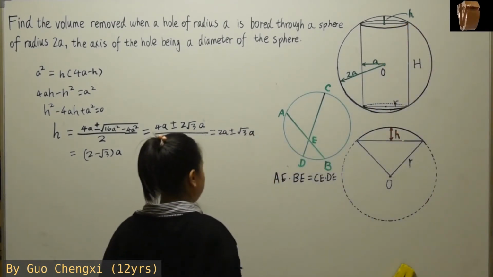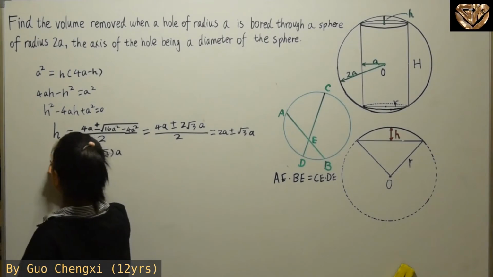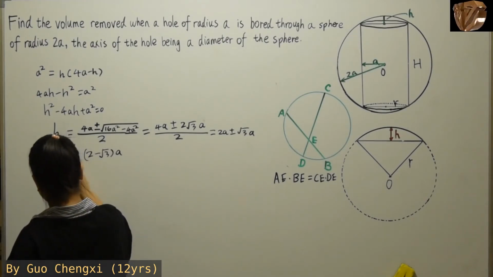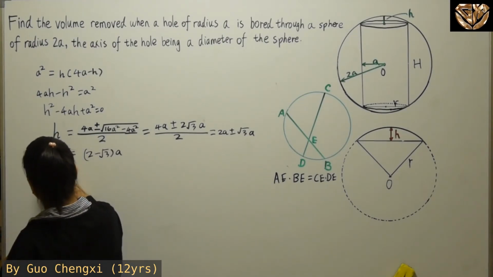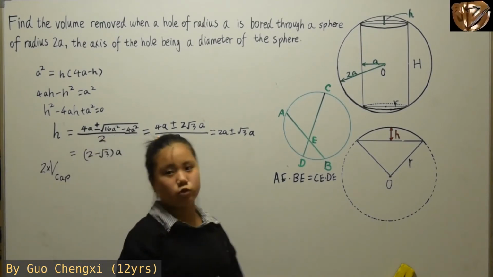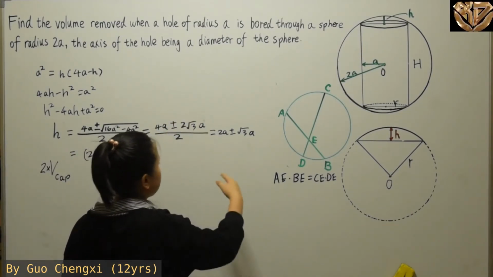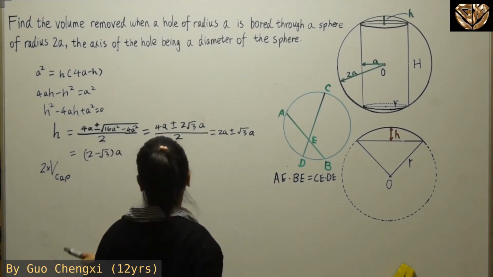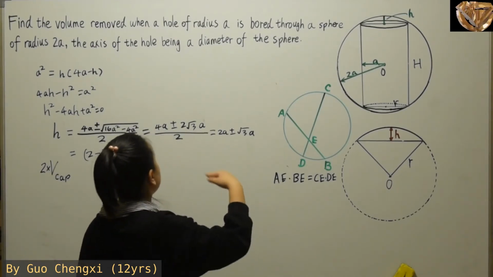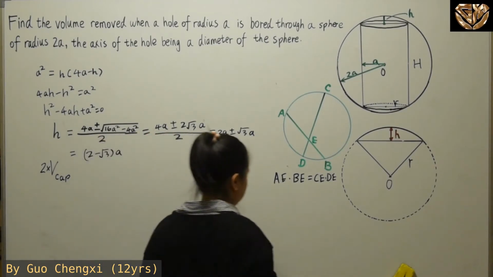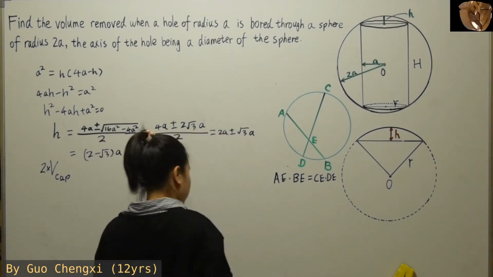So over here, how do we find the volume of the cap? And in fact, I'm going to times 2 straight away, because we have 2 of them, because we are calculating the cylinder later, so these 2 are also going to be removed.